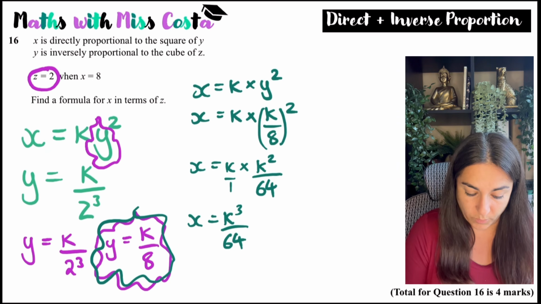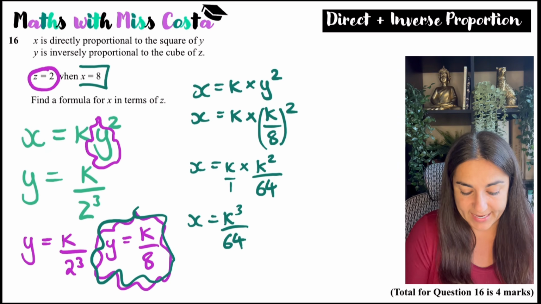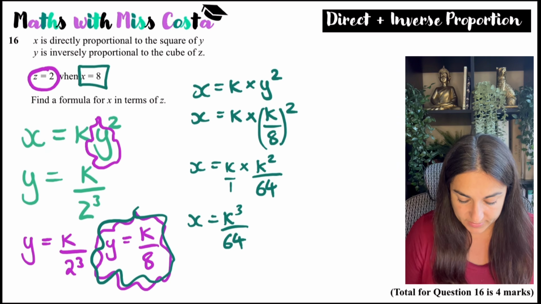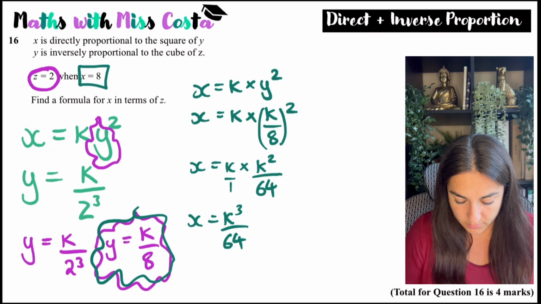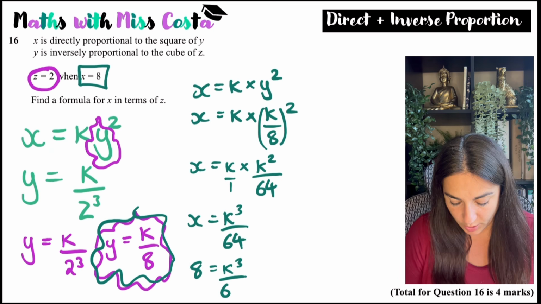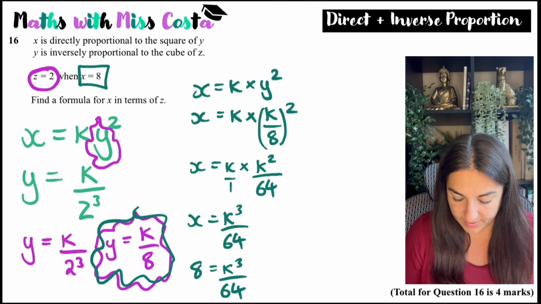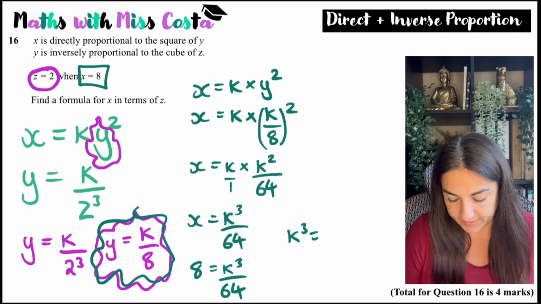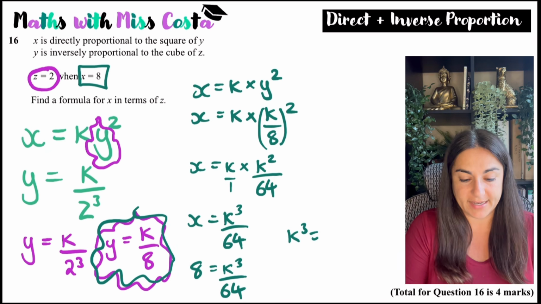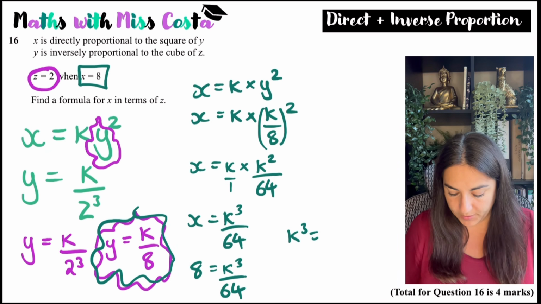And I'm told that when z is 2, x is 8, so therefore 8 equals k cubed over 64. So therefore k cubed is going to be 64 times by 8, and 64 times by 8 is 512.